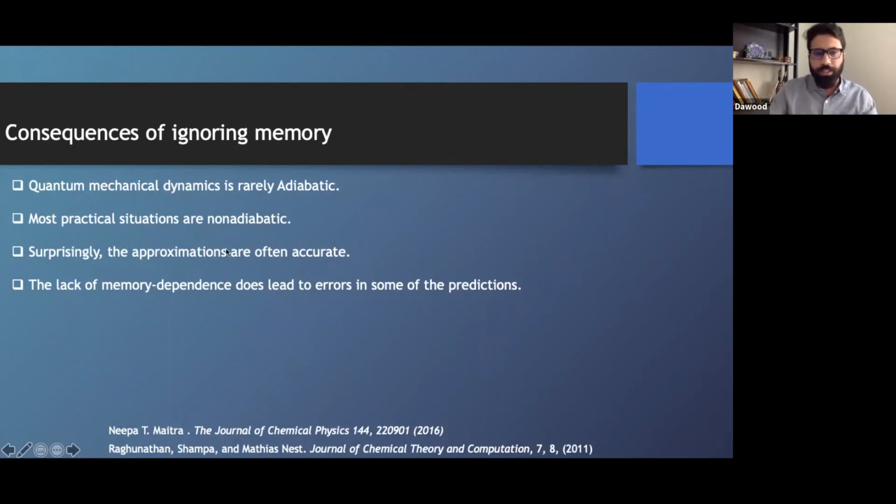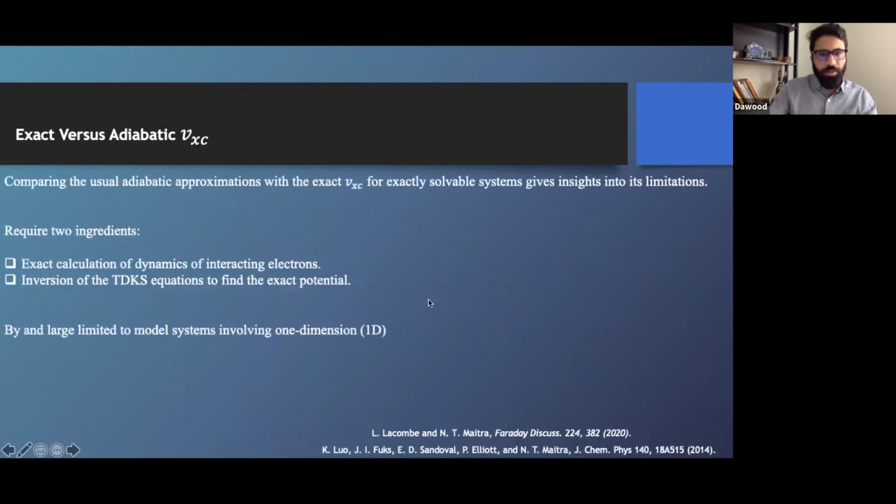But surprisingly, the approximations are often accurate enough to be useful in real systems. But this lack of memory dependence does lead to errors in some predictions that we make using adiabatic time-dependent density functional theory.